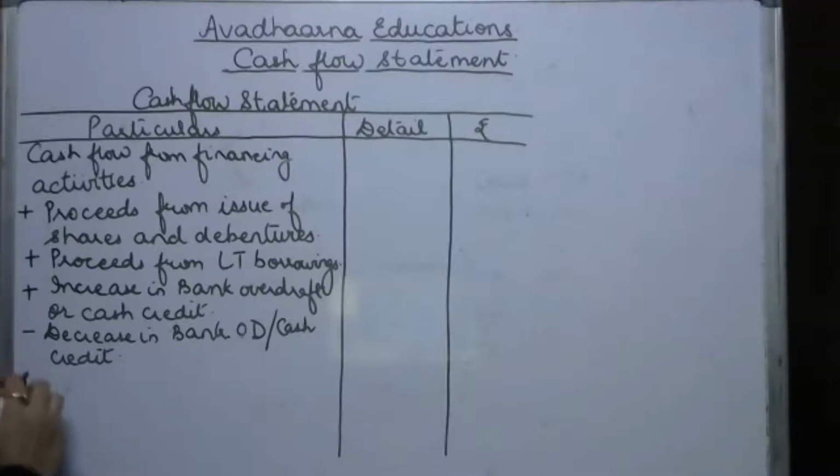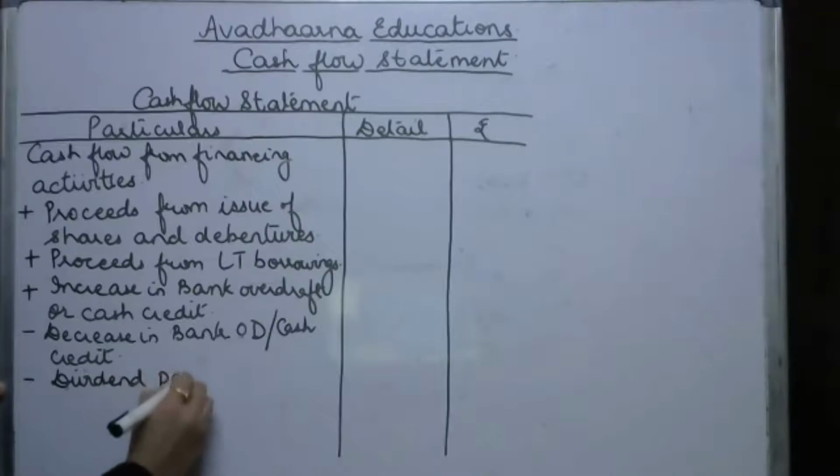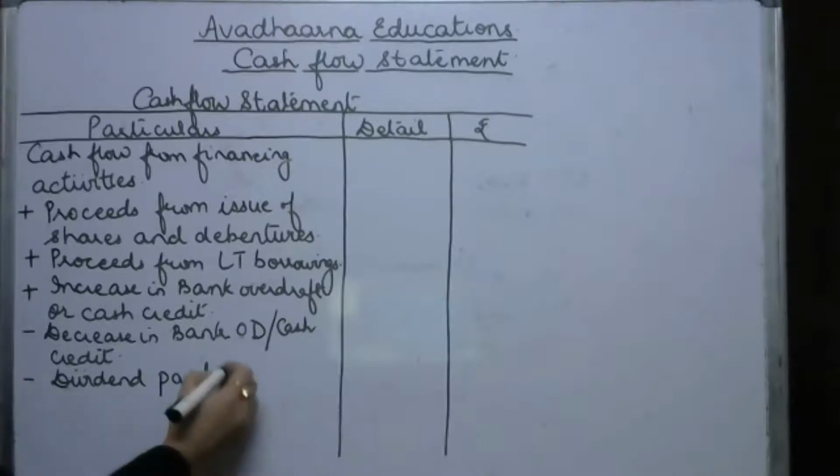Then if we are going to make payment of dividends, fine, dividend paid to both equity shareholders or preference shareholders, that will be subtracted. And dividend paid both final dividend and interim dividend.